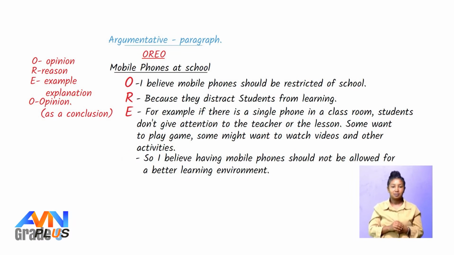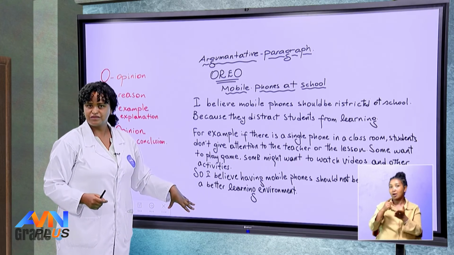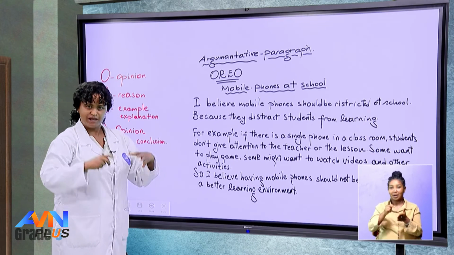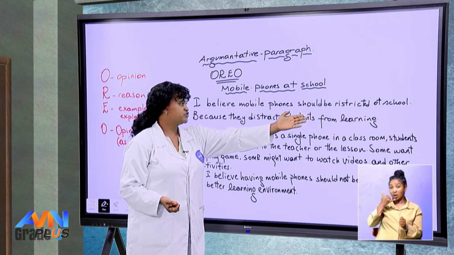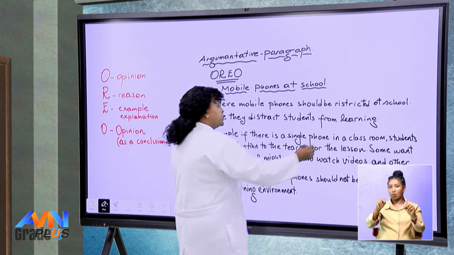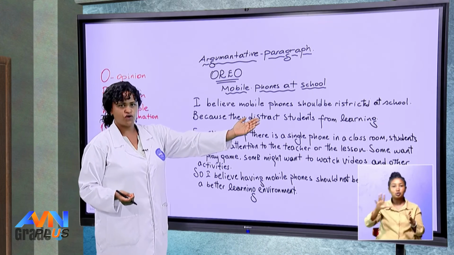Here we go. This is the paragraph. Let's read our paragraph again. I believe mobile phones should be restricted at school because they distract students from learning.